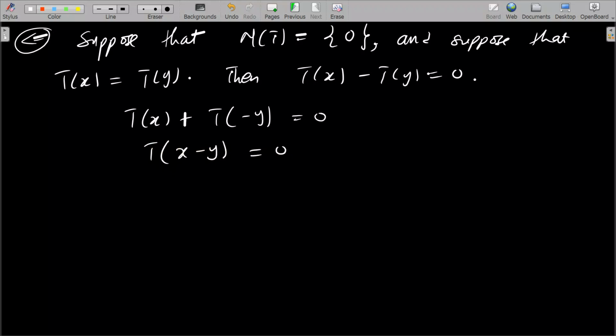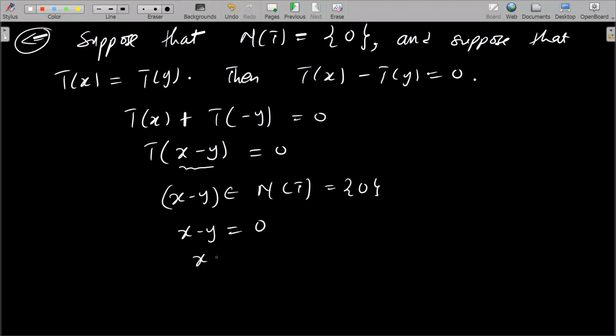So we have T of x minus y equal to 0. It means x minus y belongs to the null space of T. And what is the only vector in the null space? x minus y is the 0 vector, because the null space of T is the 0 vector. So x is equal to y, and that ends the proof. That shows that indeed T is 1 to 1. So we are done with the proof.